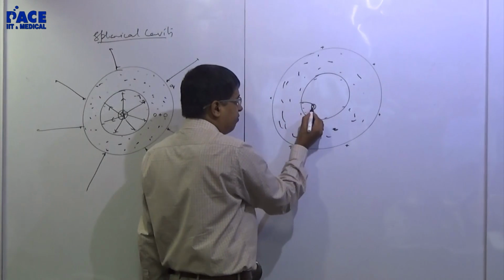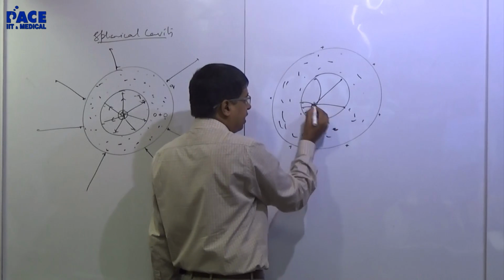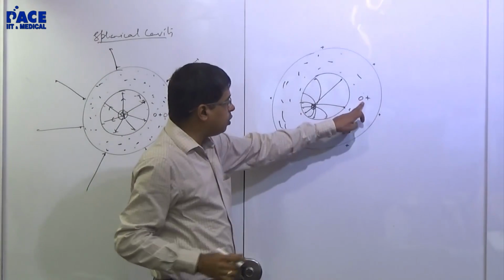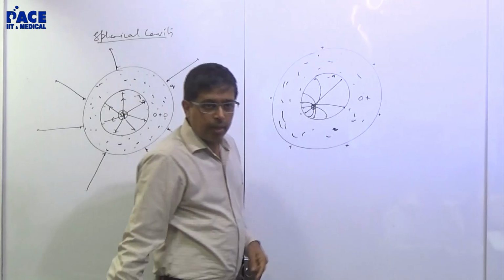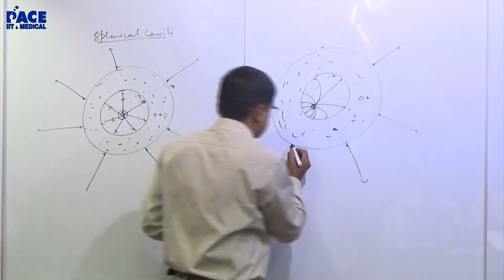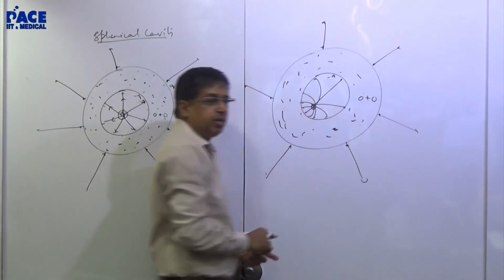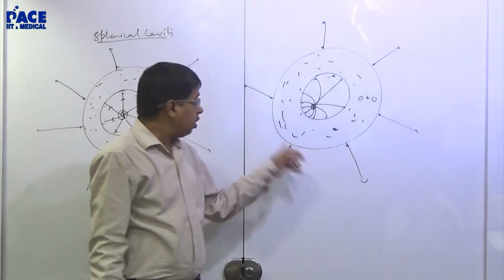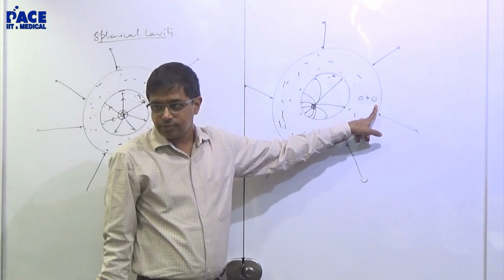Because the negative charge should redistribute, only then it can cancel out the effect of this Q here. I should get 0 field because of Q and minus Q. But the external charge will remain uniform. Why will the external charge remain uniform? Only if it remains uniform, it can give me 0 inside the metal. We have seen the conditions for uniformity. Only if it remains uniform, the field inside the metal will become 0.